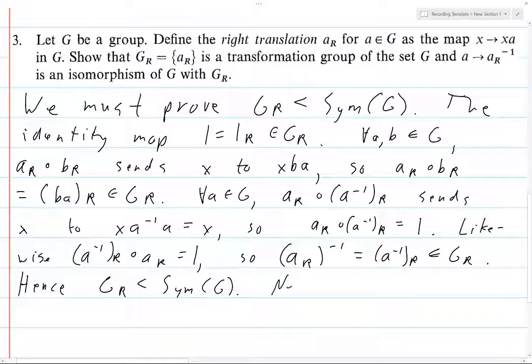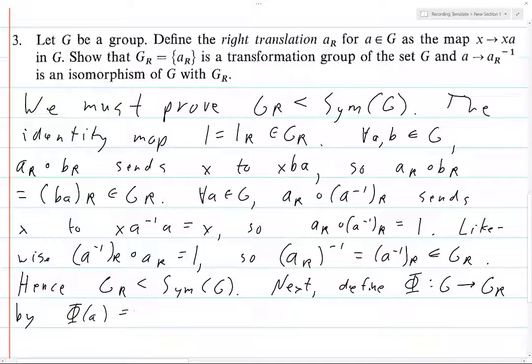So next, define a function. I'm going to call it capital Phi, from G to G_R, by phi of a. Now, when Jacobson does arrows, he means this is where you send the element x to the element xa.